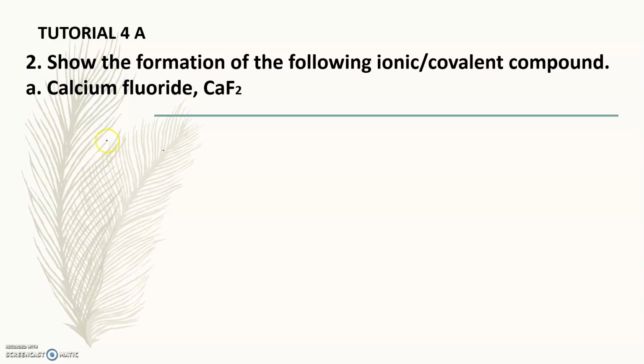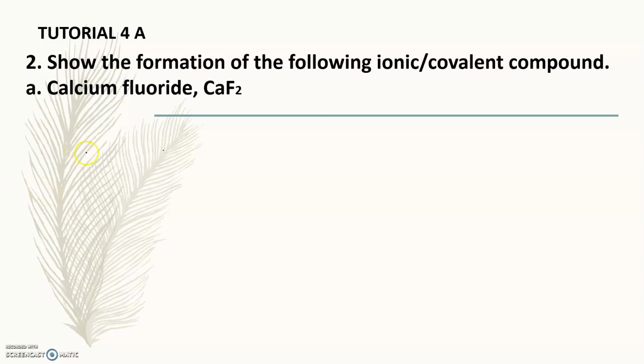So when metal and non-metal combine, they usually form an ionic compound, where calcium will donate or release electrons, and fluorine will accept electrons.